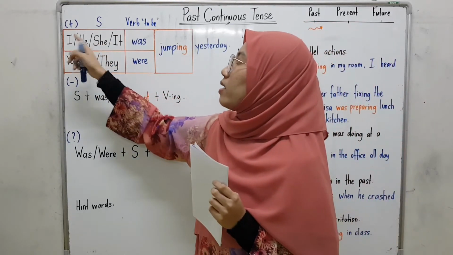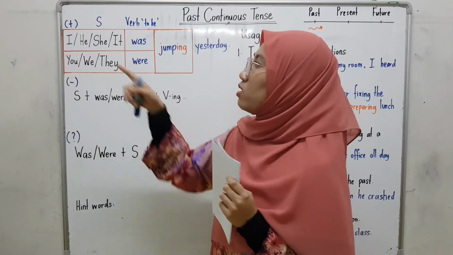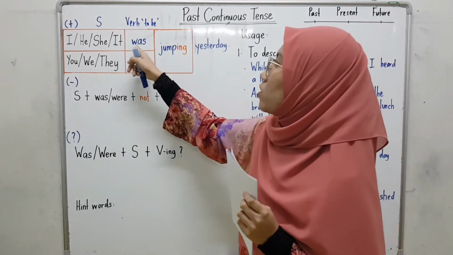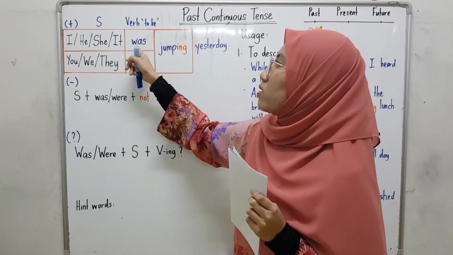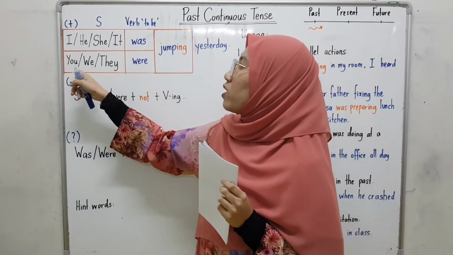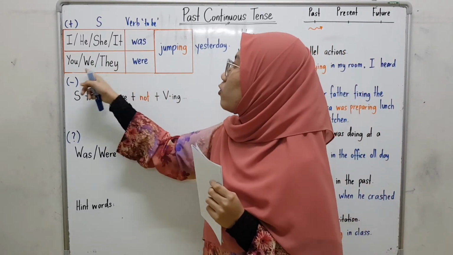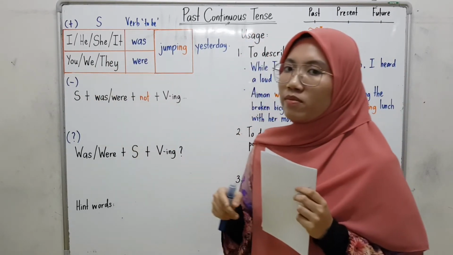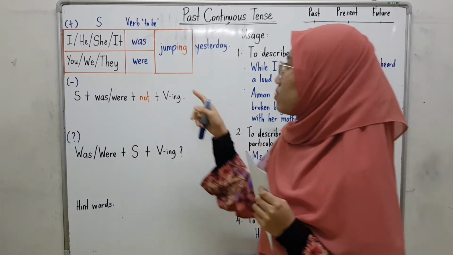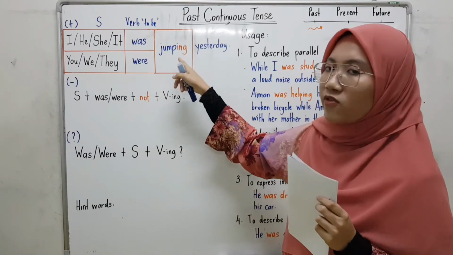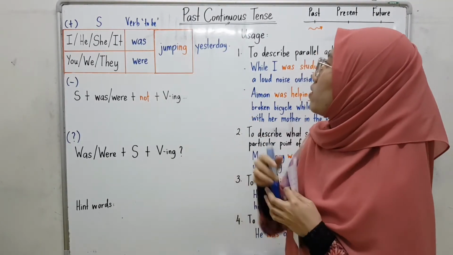I and you are special. I will follow the singular subject, so it has singular verb, while you will follow plural subject, so it will take plural verb. You have to remember. Just after verb to be, we add another verb plus ing form.